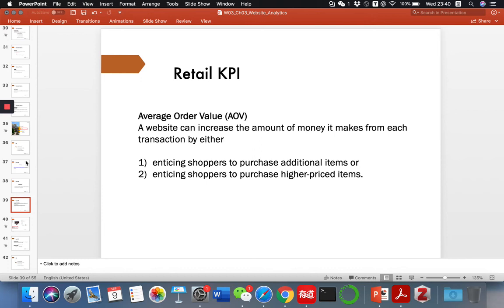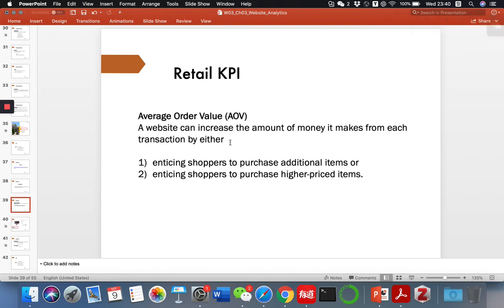And we use the total revenue divided by the number of deals. So we get the average order value.